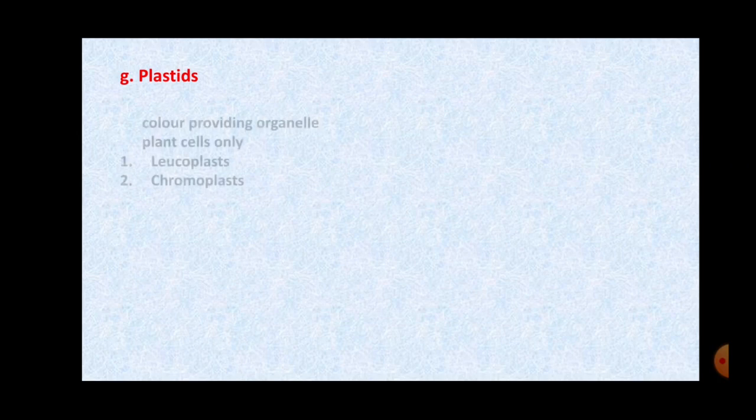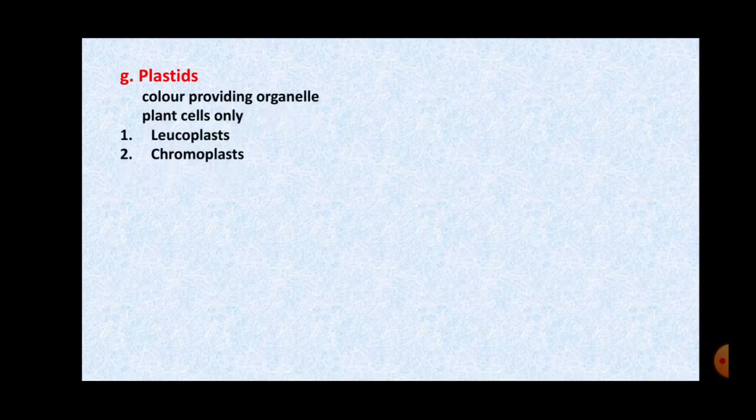Now plastids have a double membrane, that is, they are made up of an inner membrane and an outer membrane, and these are only present in plants. Okay, plastids are only present in plants.